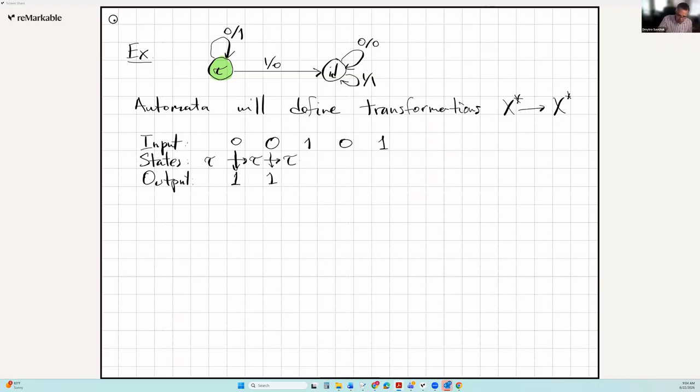So now we read 1, right? So that means that we look now for this arrow over here, because this arrow is labeled by a pair whose first component is 1. And then we output 0, right? And then we go to the new state, which is labeled as ID. So it's going to be called ID. Now it's clear why it's called ID, because now whatever you read, if you read 0, you output 0, and you go back to the same state.